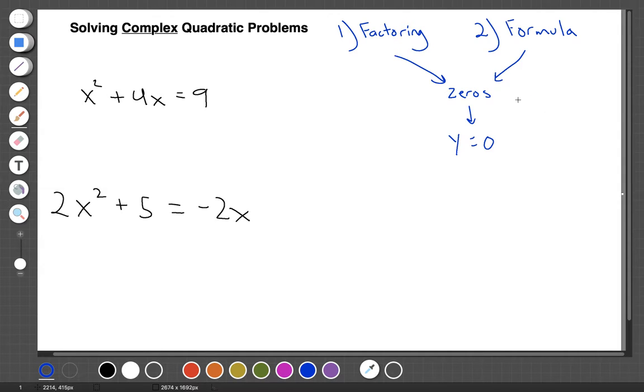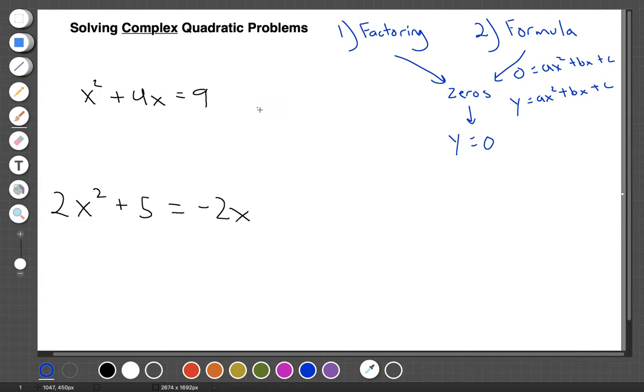Normally our quadratic equation looks something like this: ax squared plus bx plus c. Well, when we're talking about the formula or factoring, really we're talking about the equation 0 equals ax squared plus bx plus c. That was the context in which this worked, because of that 0, because that's how it applies to the zeros.